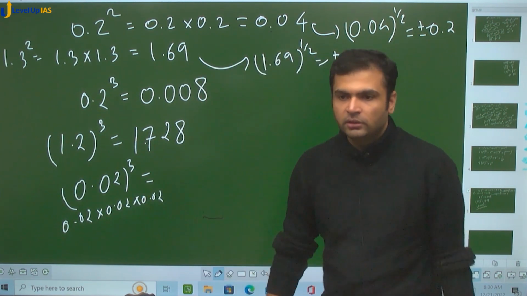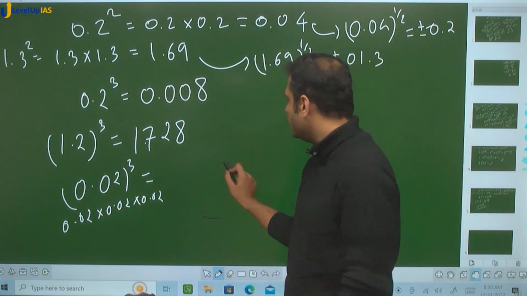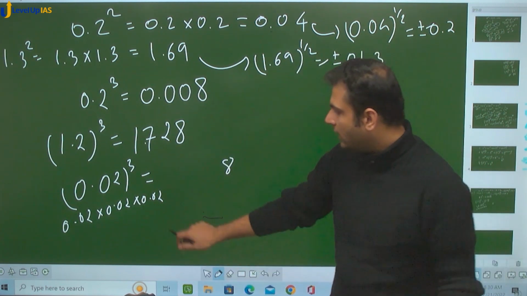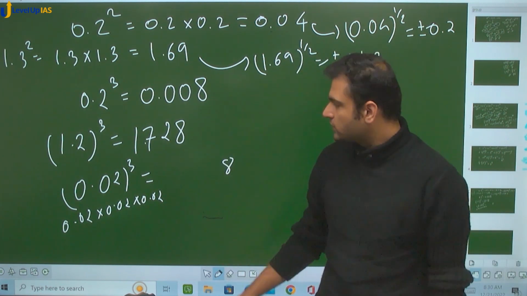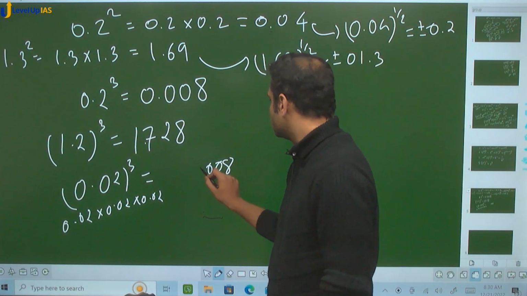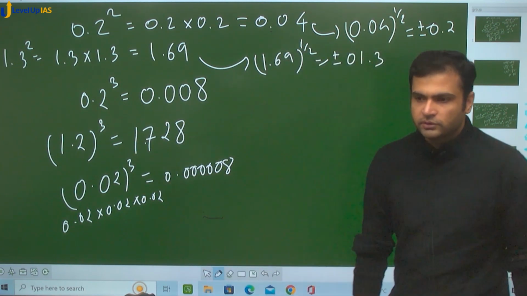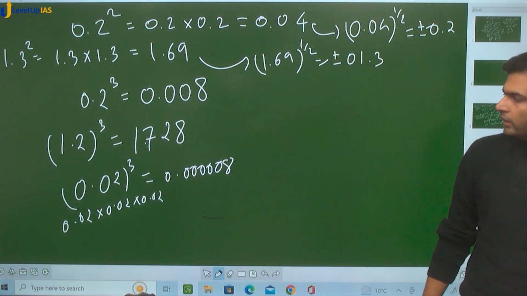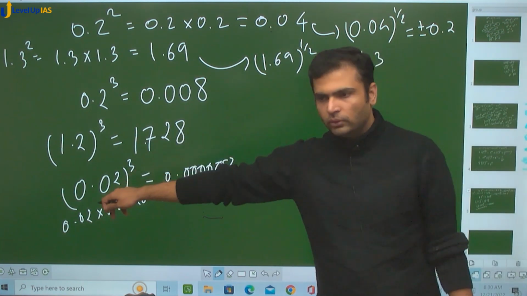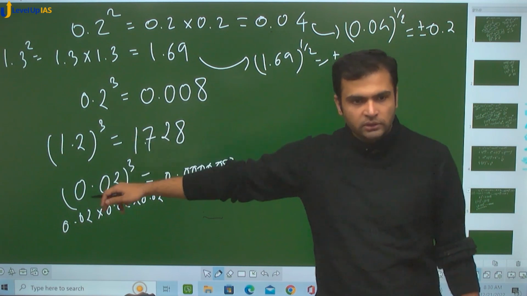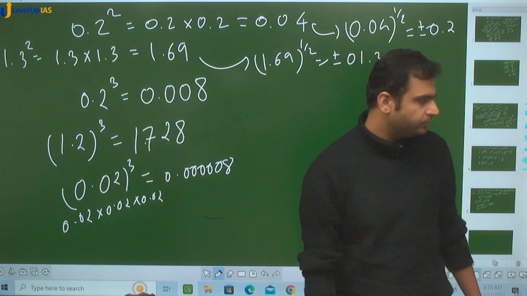We multiply directly, we get 8. And how many decimal places do we need? 6. And what will be its cube root? The cube root of this particular number would be 0.02.